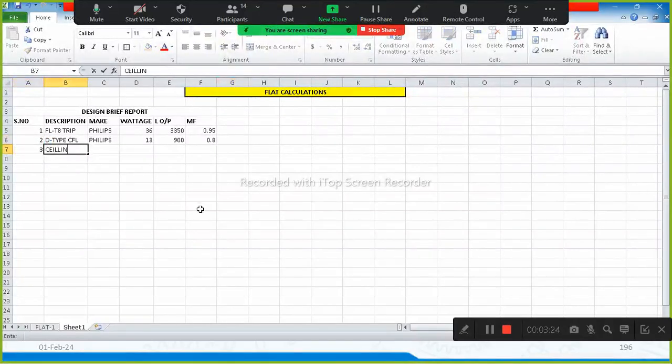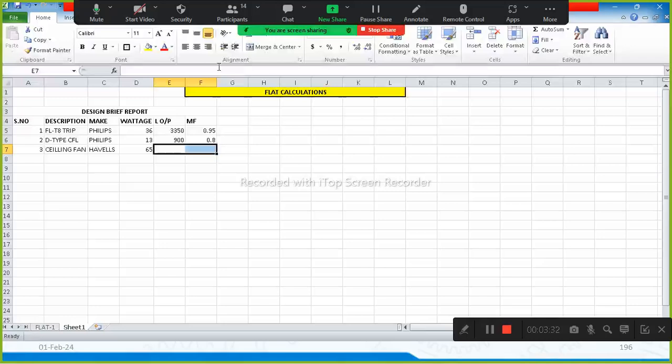Third, let us take the ceiling fan. Havells, and I'm taking 60 watt. The technical specifications, I'll give the catalog of fans and exhaust fan also at the last step when you're doing the main project.